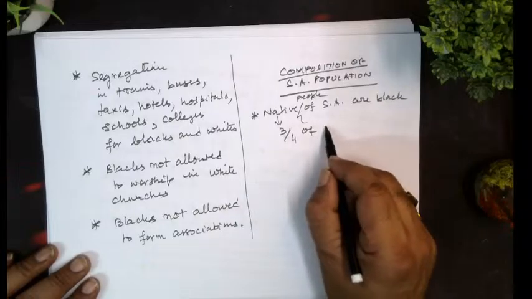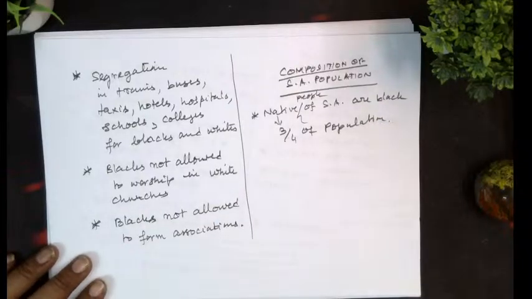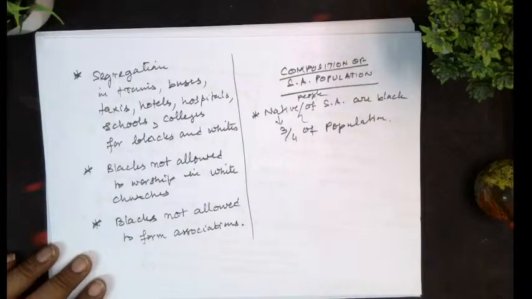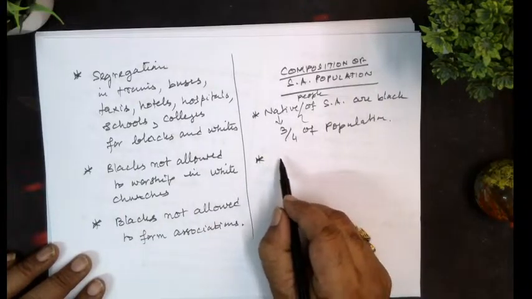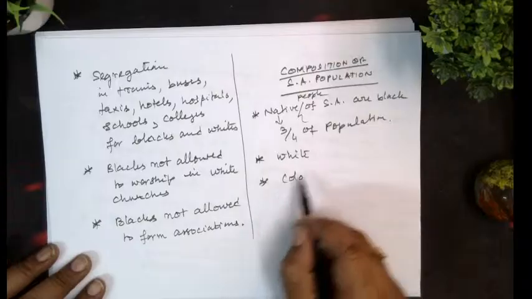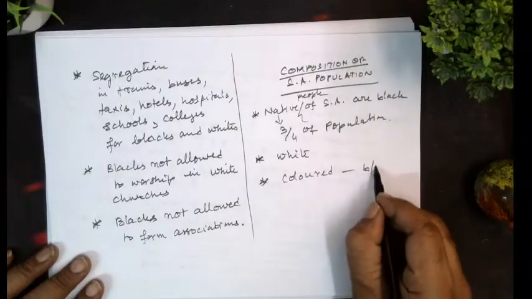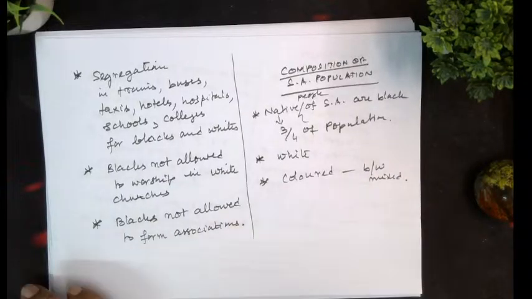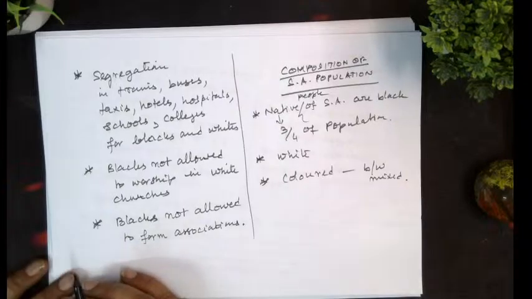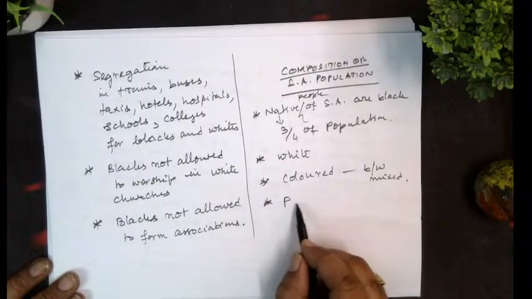The remaining part is white, and there are also coloured people, the mixed varieties, and people from India, that is, people who migrated from India.